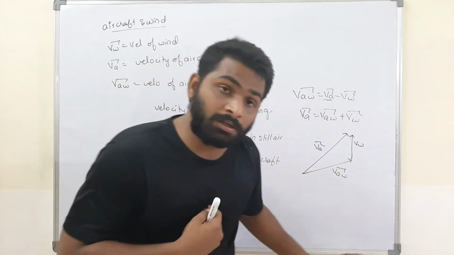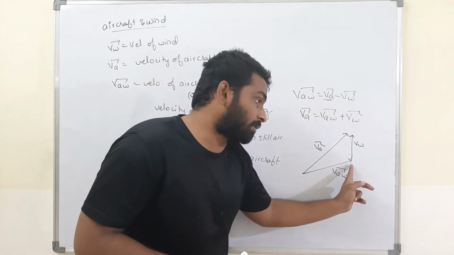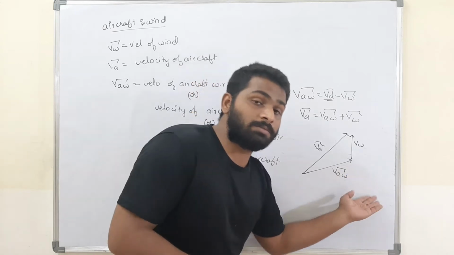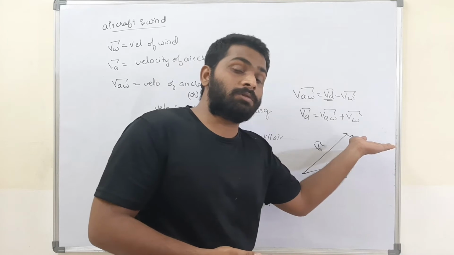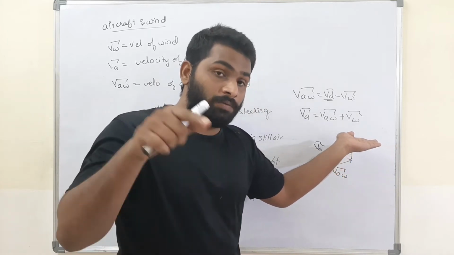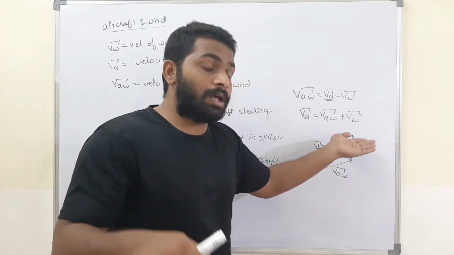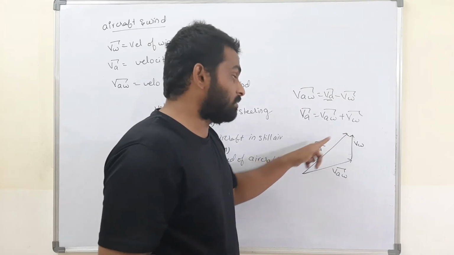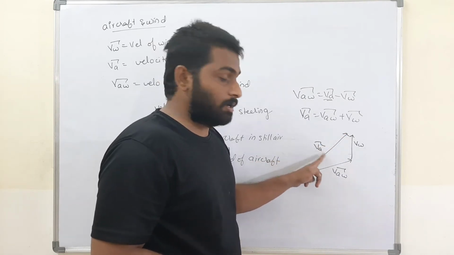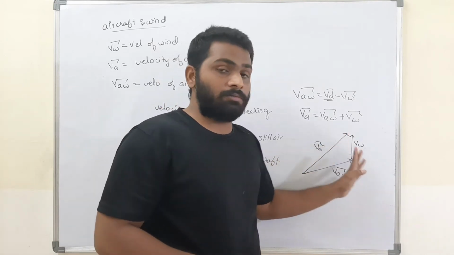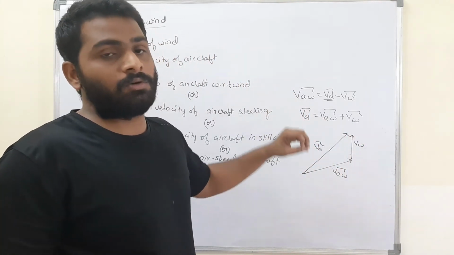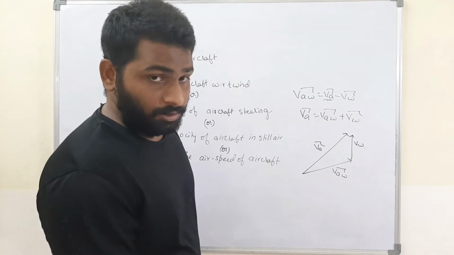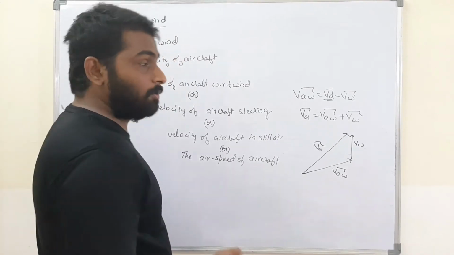I know that the pilot is steering in this direction, but because the wind is making him move up, in which direction will the aeroplane move? If you are standing on the ground, you will feel as if the aeroplane is moving in this direction, that is VA, where VA is the resultant of VAW plus VW. This is an important point you have to remember. If you understand this, then we can go to the problem. Okay, I think it is clear. Now we will go to the problem.